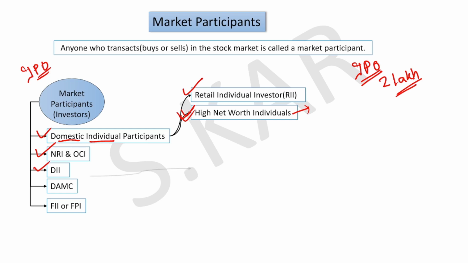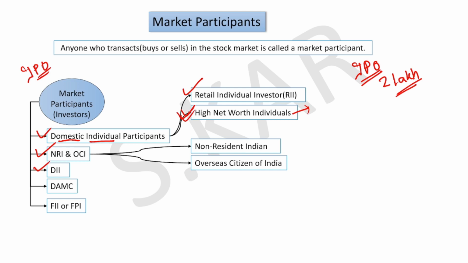Now next comes the NRIs and OCIs. NRIs are non-resident Indians and OCIs are overseas citizens of India. Now there is a difference between the two.